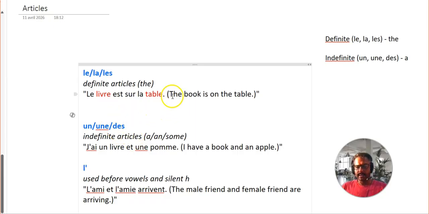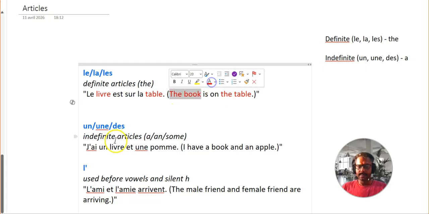The English translation of this sentence is the book, le livre, is, so it's the verb être here, sur la table. The book is on the table. So you see the book, definite article, the table, definite article. That's the English translation of this sentence.